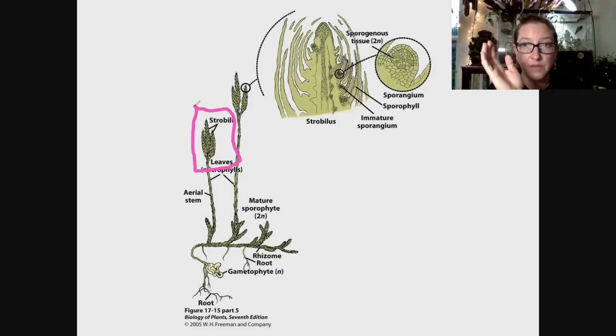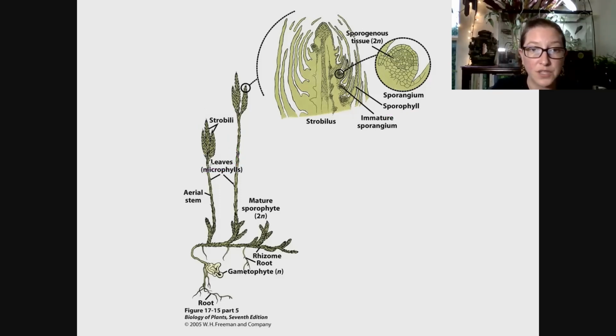And if you're a leaf that has sporangia on it, in the case of Lycopodium, it's called a sporophyll, right? Which is a microphyll with a sporangium on it. So this is showing you that down here where there's no sporangia on the leaves, we just call them regular old microphylls. But once they have sporangia on them, we call them a sporophyll.